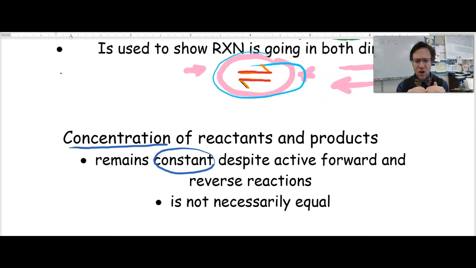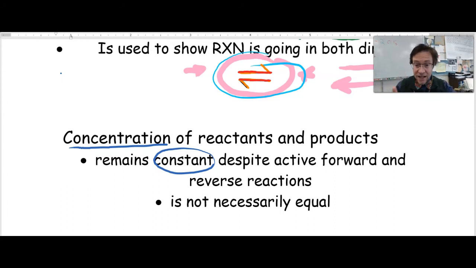It is almost always never equal concentration. It means that they're locked, right? So it's usually like you start with a ton of reactants and no products, and it ends at some weird ratio. But it stays there and it's stuck, because that's what equilibrium means. The forward and reverse reaction are stuck.